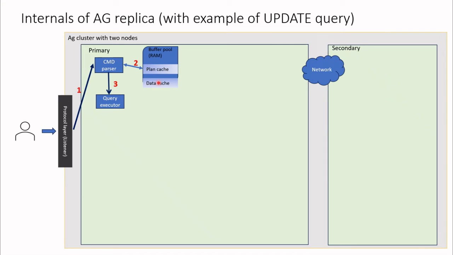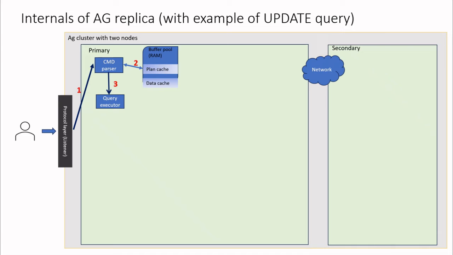So if the plan exists in the cache, it is passed to the query executor component in the next stage to execute it, actually. Okay, what is a query executor? The query executor, as the name indicates, executes a query plan, going through each step in the plan and connecting with the storage.